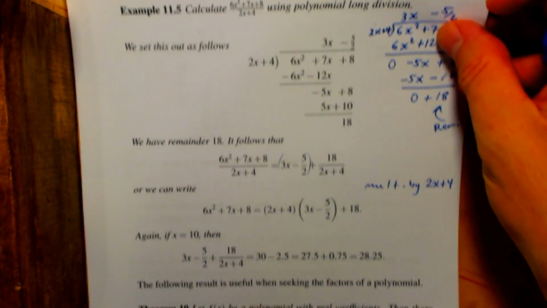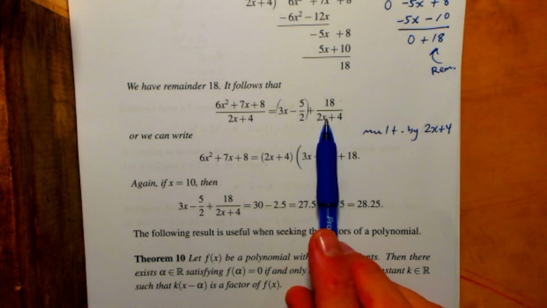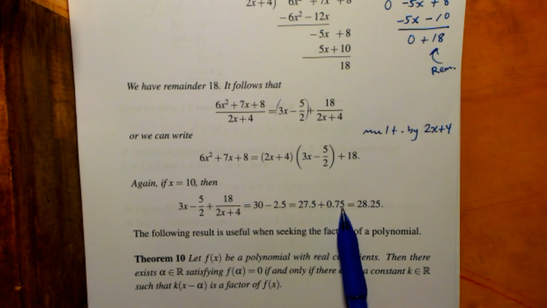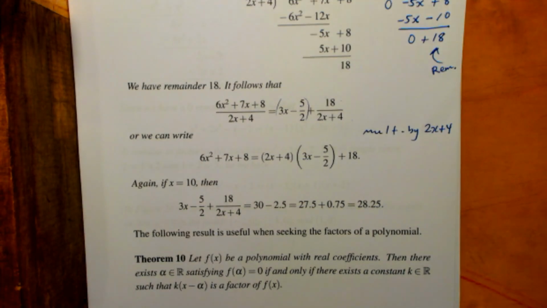Now, if we want to relate this back to ordinary division, if x is equal to 10, then this right here is 30 minus 2.5, 27.5 plus 0.75, which is 28.25. And let me see, is that what we had here?